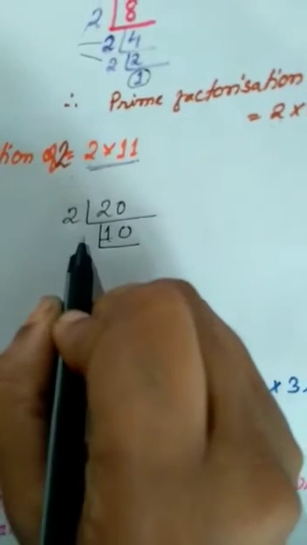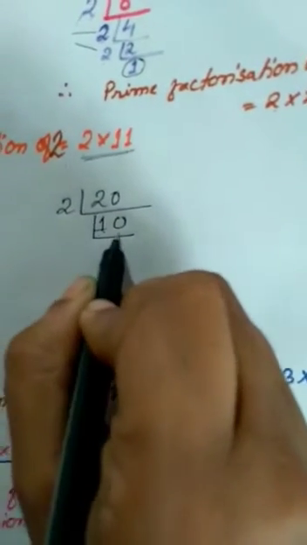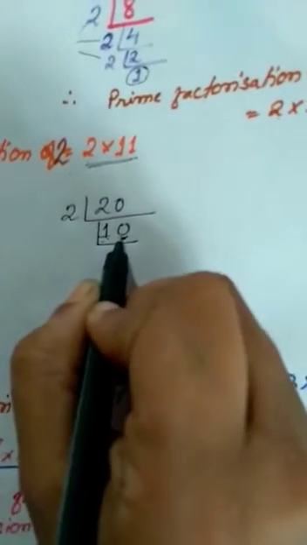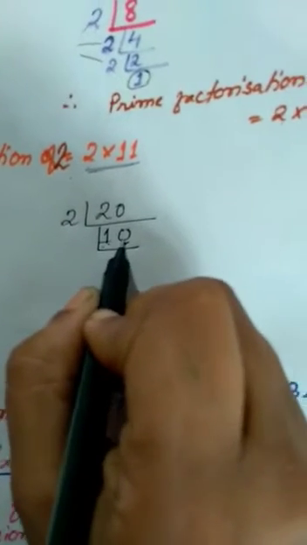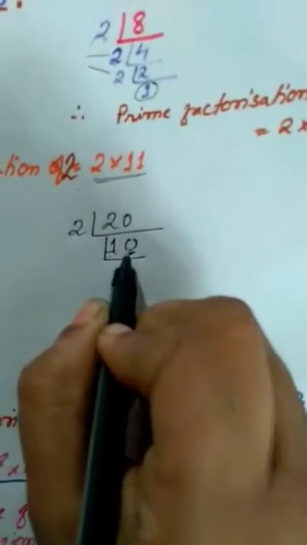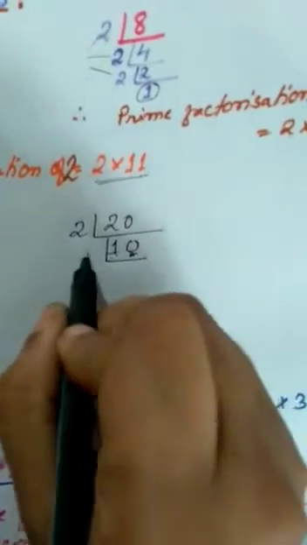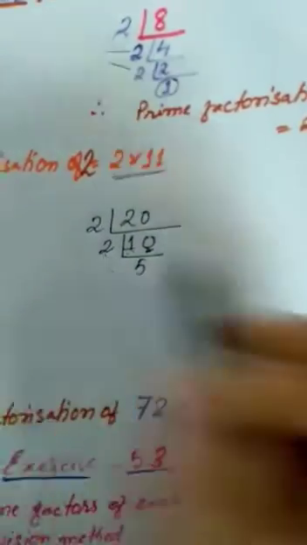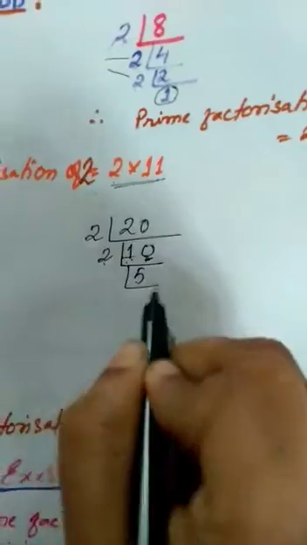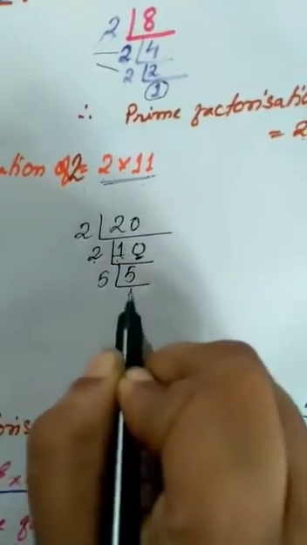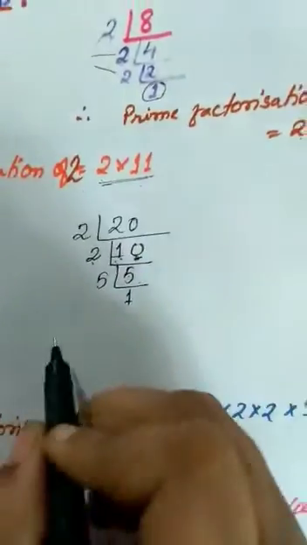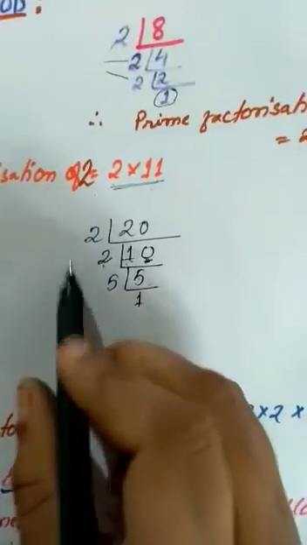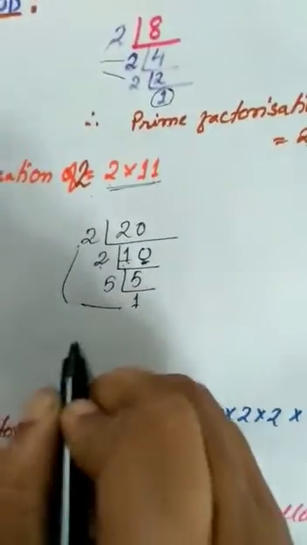As you know, if the last or unit digit is 0, then it is divisible by 2, so we can divide it again by 2. 2 fives are 10, and 2 is also a prime number. Now 5 is also a prime number, 5 ones are 5, and we cannot divide it by any other number, so this is the prime factorization.